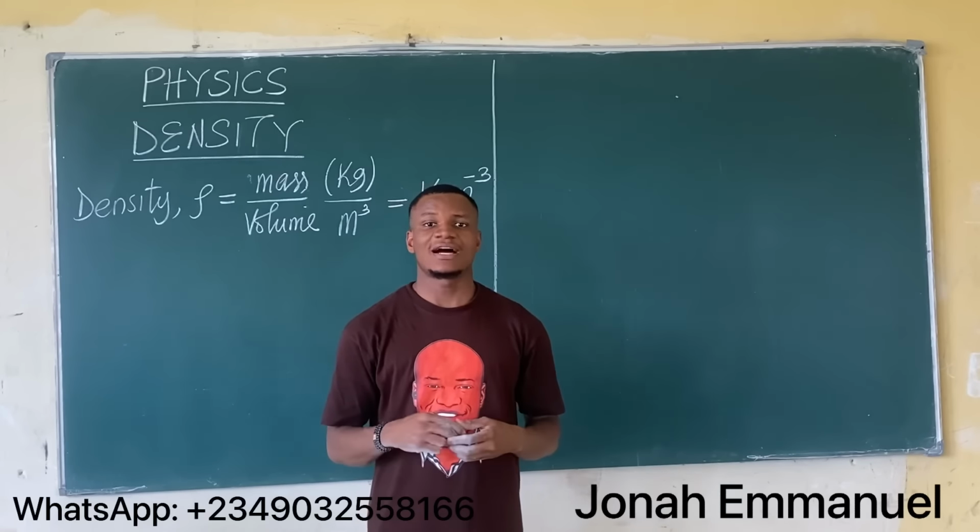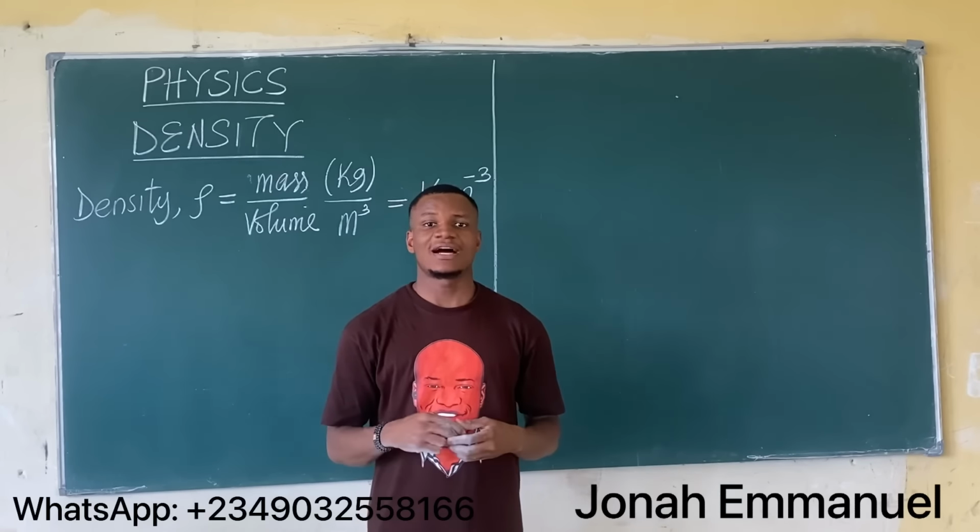So relative density, RD, also called specific gravity, is equal to density of the object, or of anything there, all over density of water. So this is a formula for relative density.